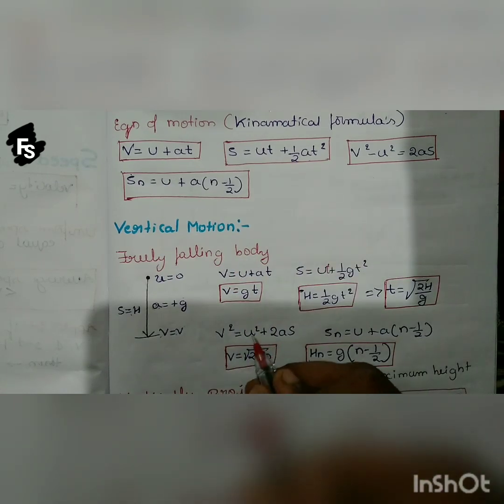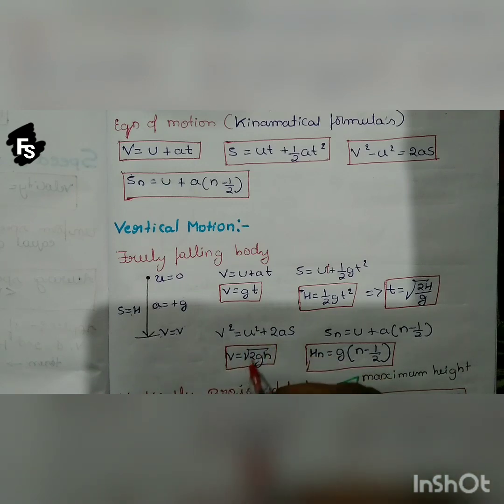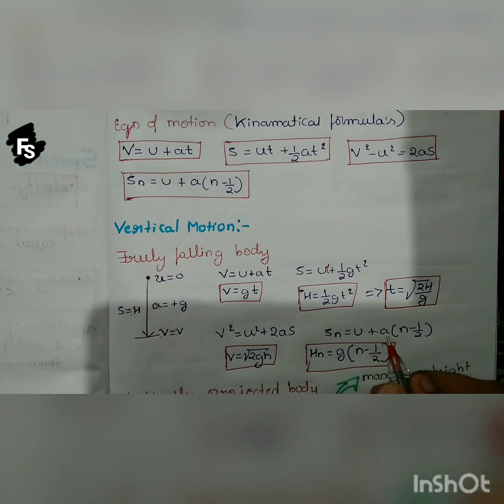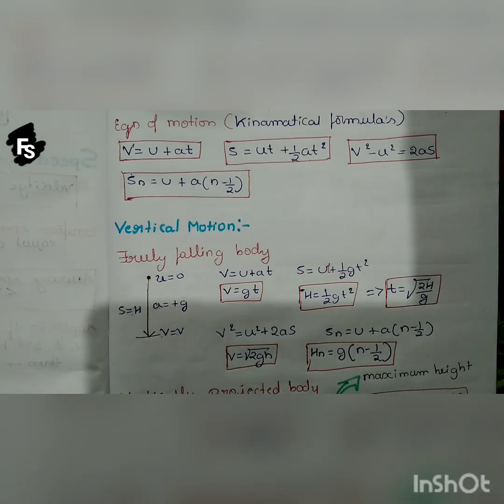On applying, u is 0. Then v is equal to root of 2gh. Then the next formula, Sn equals u plus a into (2n minus 1) by 2. Then u is 0, so Hn equals g into (2n minus 1) by 2. g means acceleration. Let's move on to vertically projected body.